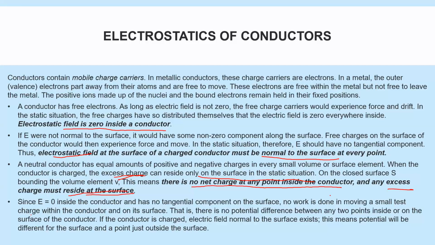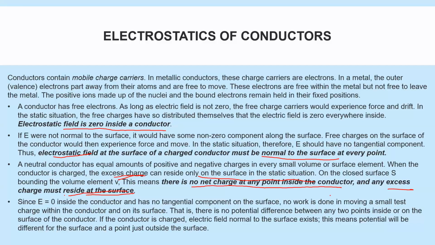Now since E inside the conductor is 0, and it has no tangential component on the surface, we can conclude that no work is done in moving a small test charge within the conductor and on its surface.